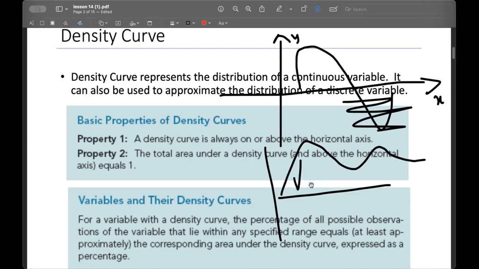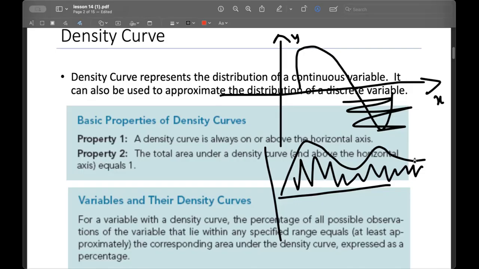If we calculate the total area of this entire curve, the area under the curve, it should always equal 1. So the first property is that a density curve is always on or above the horizontal axis, and the second is that the total area under the density curve is always equal to 1. Is it clear, those two properties?